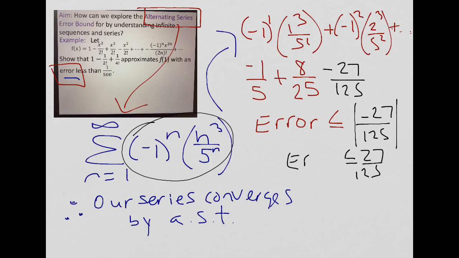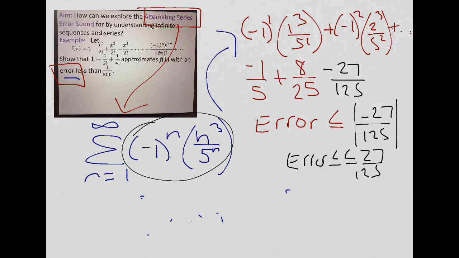So what does this mean for our sum? Let's rewrite our absolute value of our error here. I just need space. Let me erase this here. There we go. This is going to make a lot more sense. So what does this mean? Our sum is going to be between certain values.